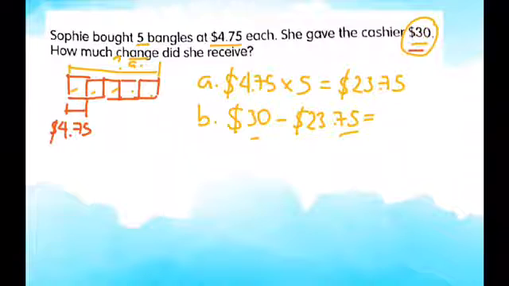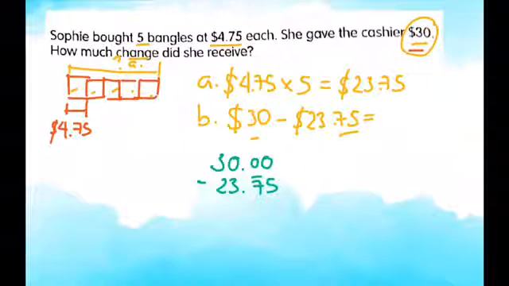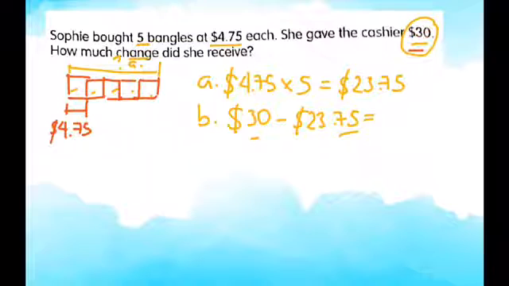Your working should at least show 30 with 2 decimal places minus 23.75. Try it out in your journal. By this time, you should be getting an answer of $6.75.